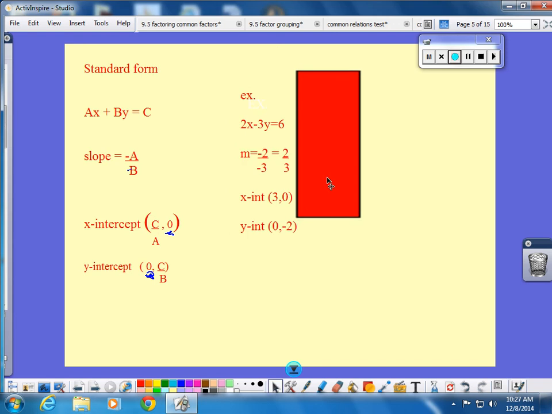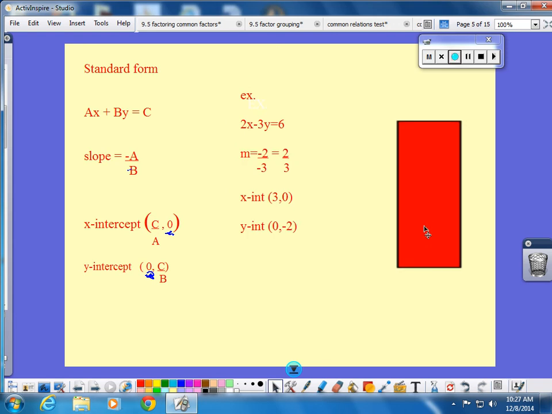Alright, so let's look at this example right here. If this is my standard form, what's A? 2. What's B? Negative 3. What's C? Six. And all I did is plug it in, guys.